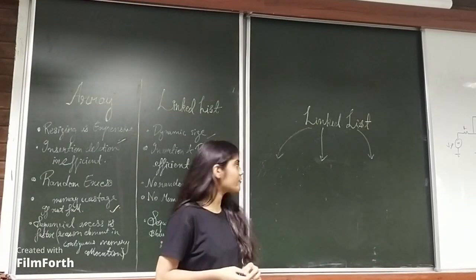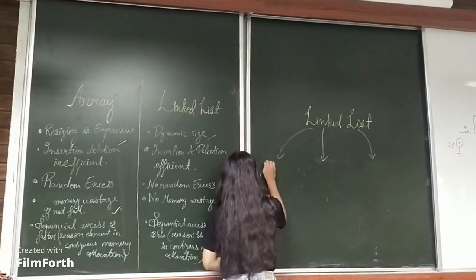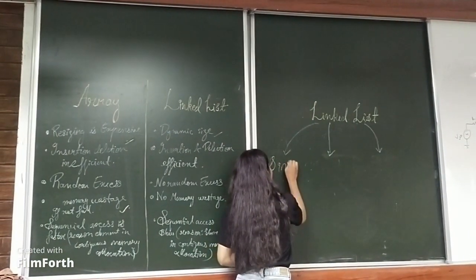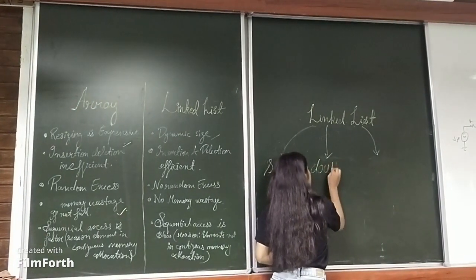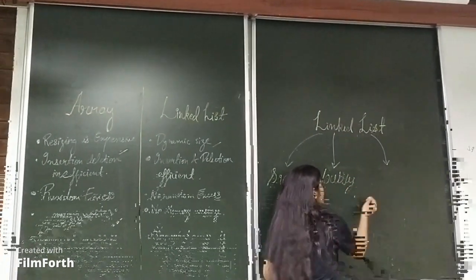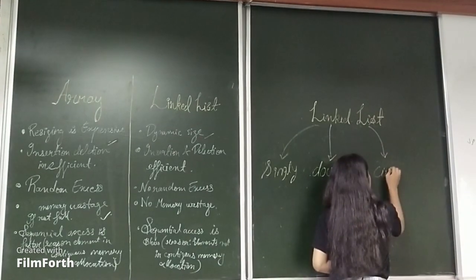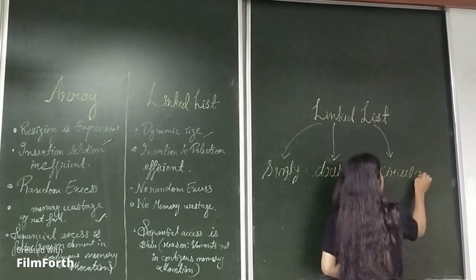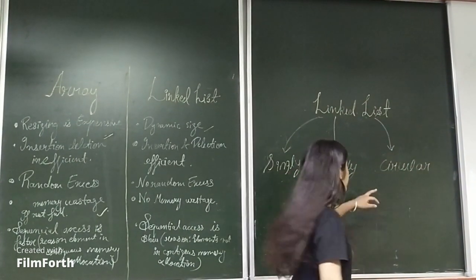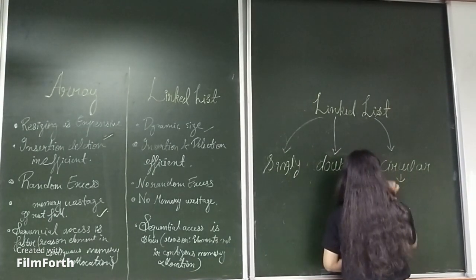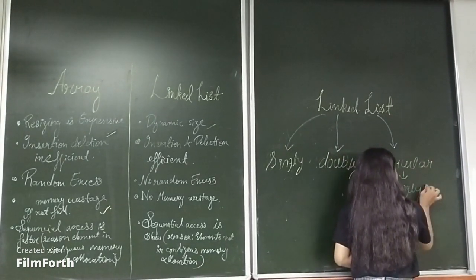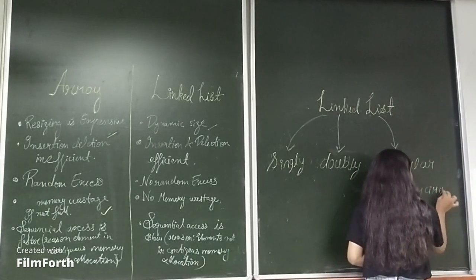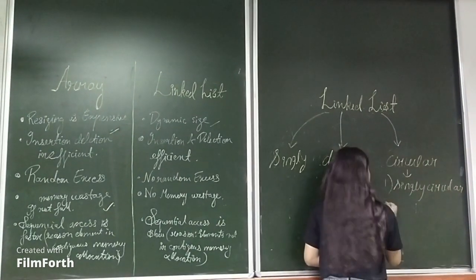Let's discuss the types of linked list. First of all, we have singly, second type is doubly, and third is circular. In circular, we also have 2 subparts. First is singly circular, second one is doubly circular.